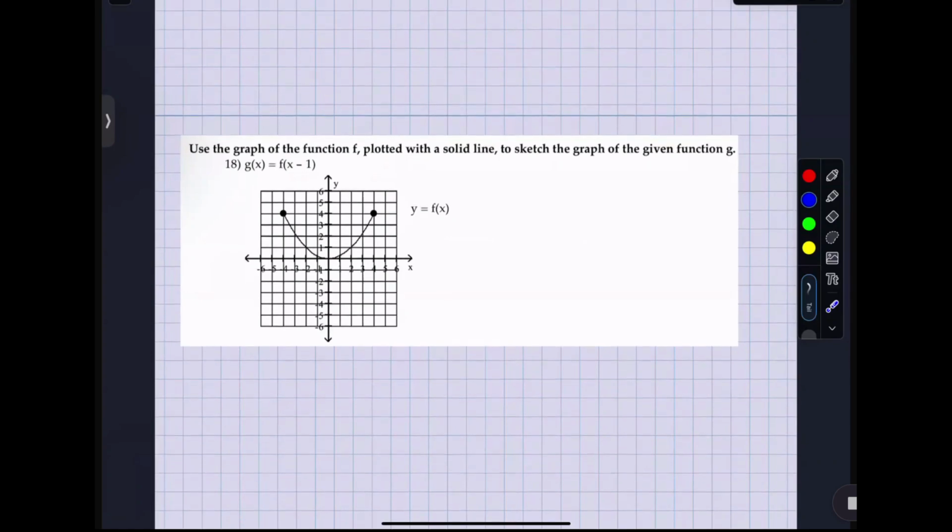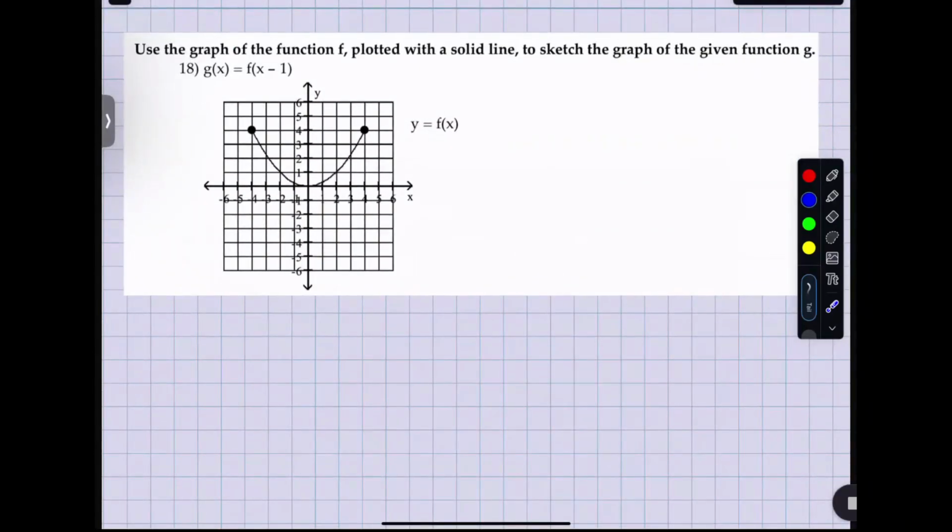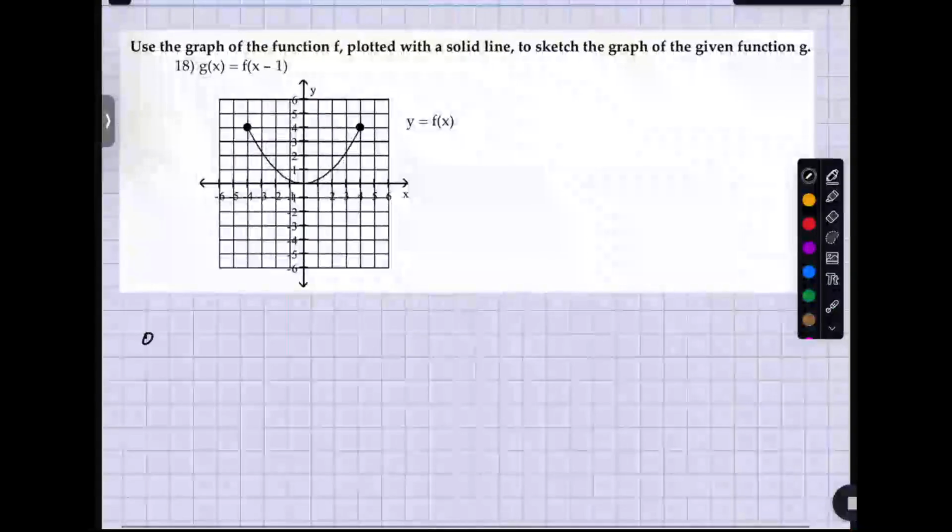All right, give me 4 points. 0, 0. Mm-hmm. What numbers? 0, 0.